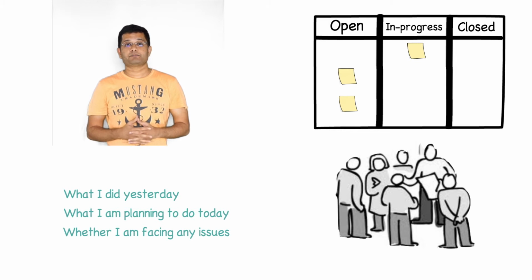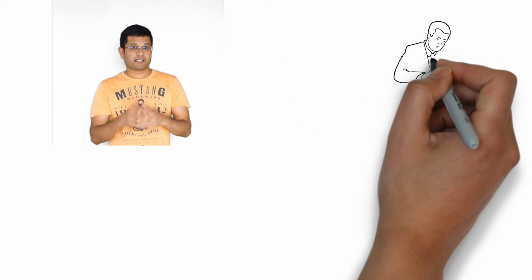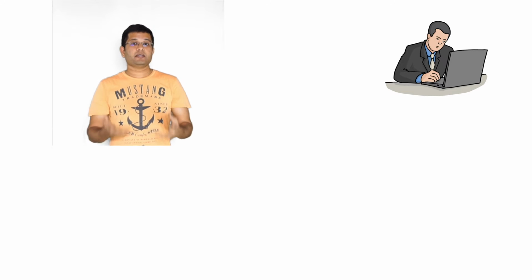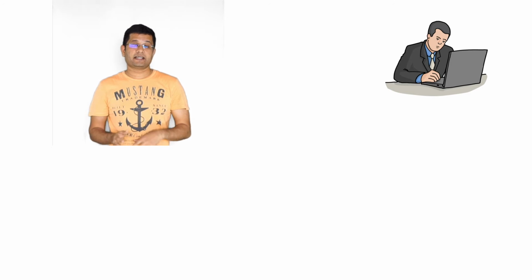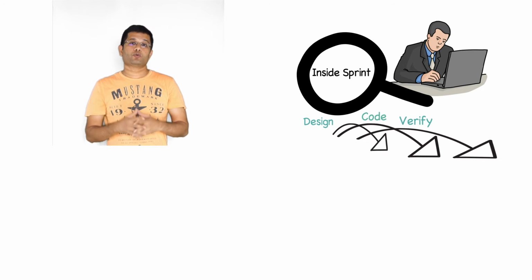So after the stand-up meeting, I would go and start designing for the product backlog item which I have picked up. Post that, I would get into the coding phase and then I would verify. And then I may get a new idea of a better design and I may go back to design and again I may code and again I may verify. So in Scrum, the design, coding and verification phases would be overlapping.